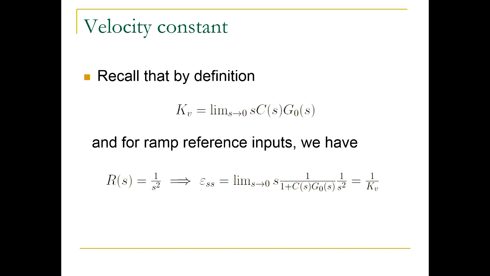If you have a large velocity constant Kv, then the steady state error with respect to ramp inputs would be small. So specifying what the velocity constant should be is the same as saying what you want to achieve with steady state errors with respect to ramp inputs.